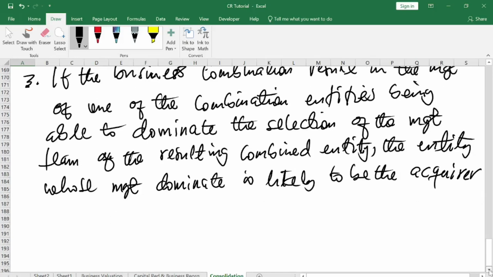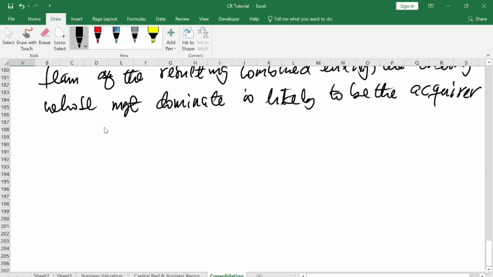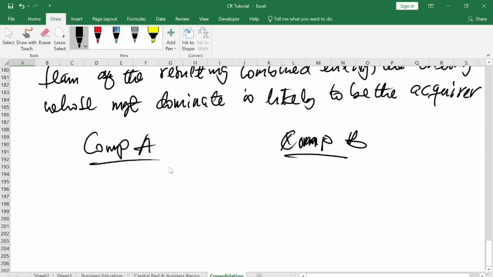Okay, so when you look at point three, if there's a business combination, you have company A and company B, right? You have two companies, and then company A acquired company B. So here company A is the parent and company B is the subsidiary.